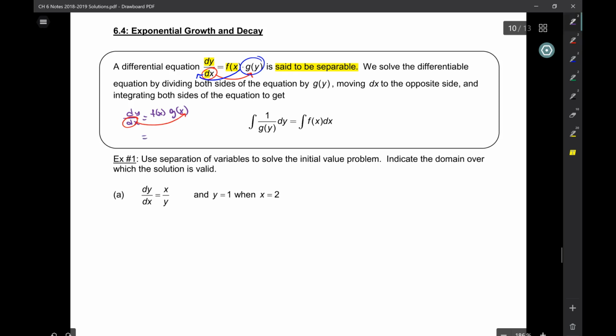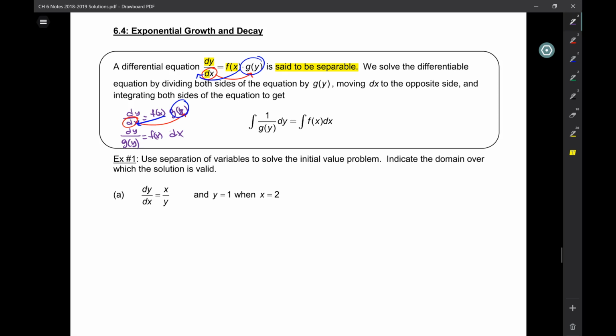Here you have your f of x and then your dx, because the dx just moved over. But then your g of y is going to move here, so you're going to have dy over g of y.